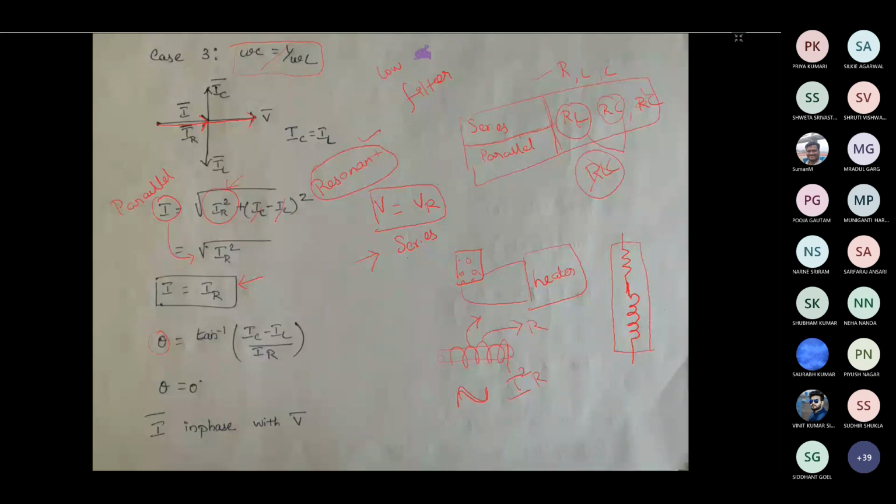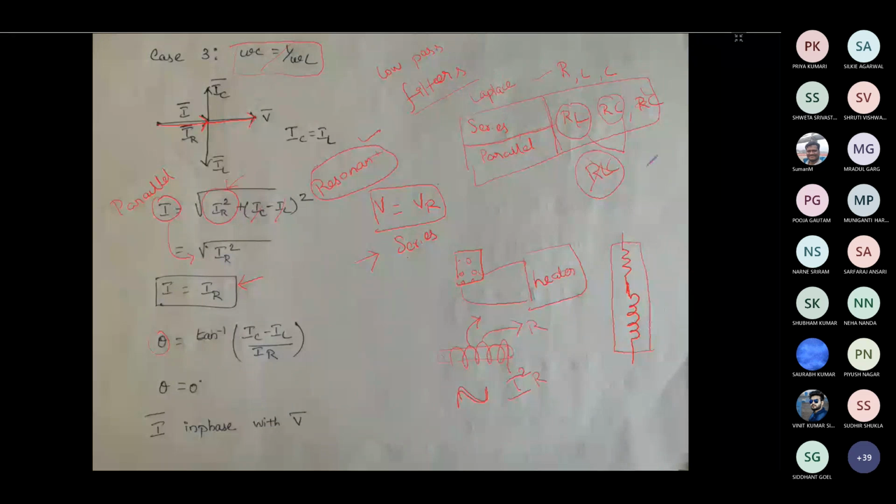This application of RL and RC as filters you will be reading in the next semester, I think, with Laplace transform and other units, where you can see how RL and RC are used as filters.